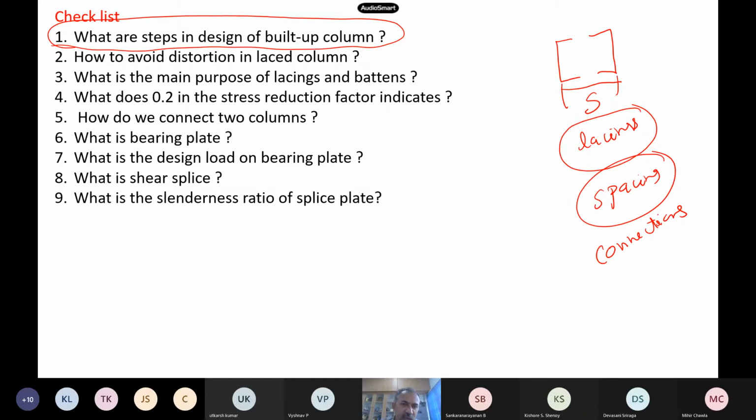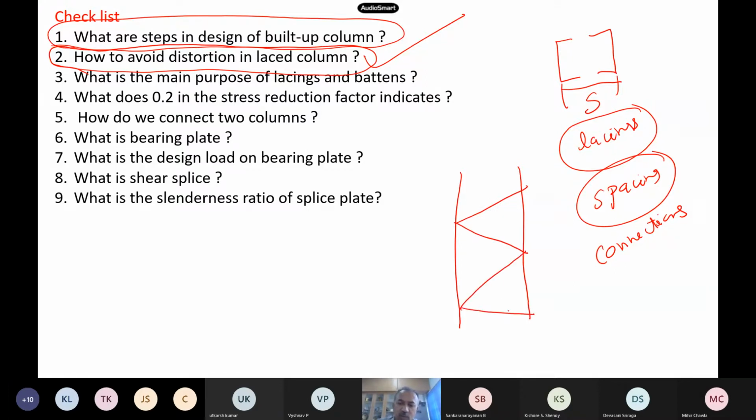You have already done this in the tutorial and the assignments. Okay, and now how do we avoid distortion in a laced column? Question 2, tell me, how do you avoid distortion in the laced column? What do you have to provide? So I have a lacing like this.